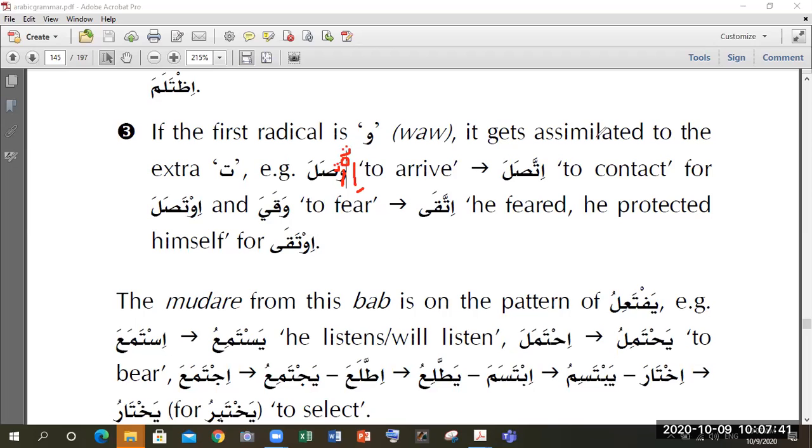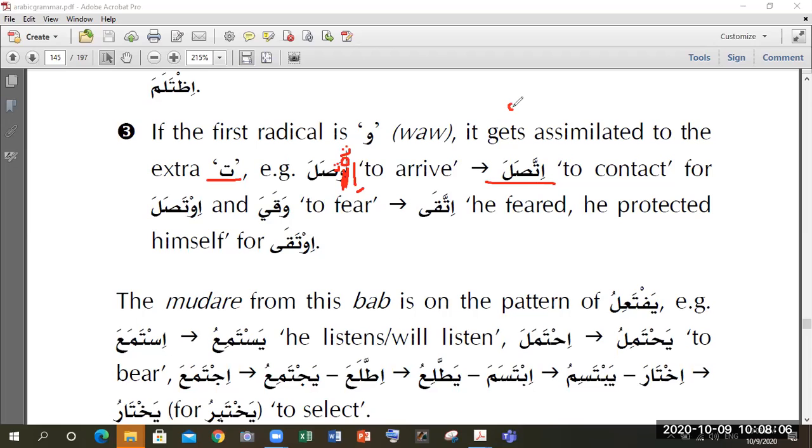They said just add one more extra ta. One ta was for putting it into the if ta'ala pattern, one ta is already added, and we replace this wow with another ta. So then the two tas are there, so it will become ittasala. See, totally the word has changed.